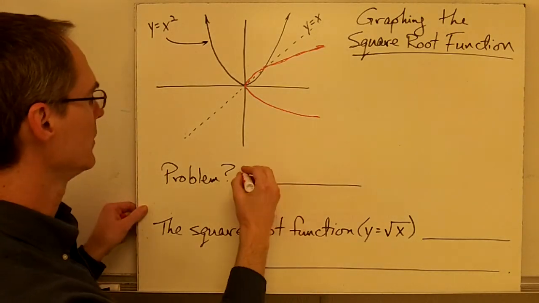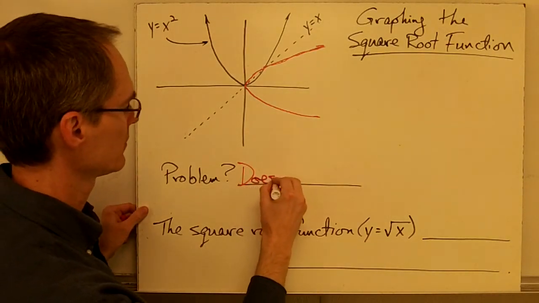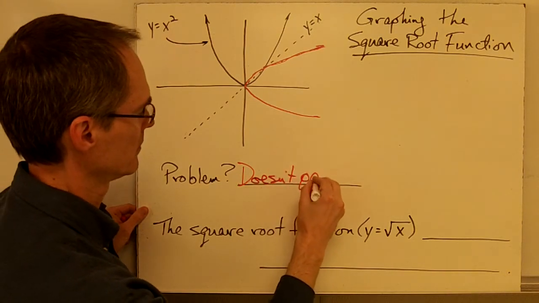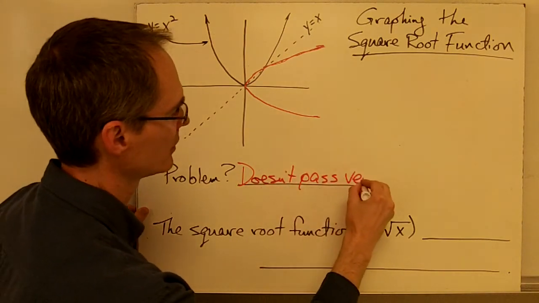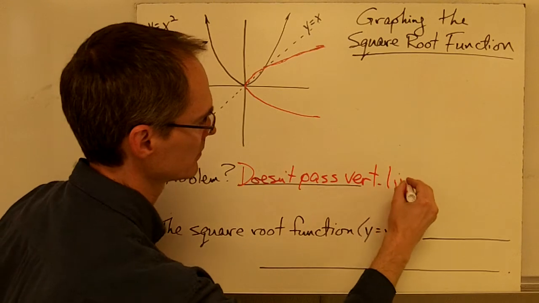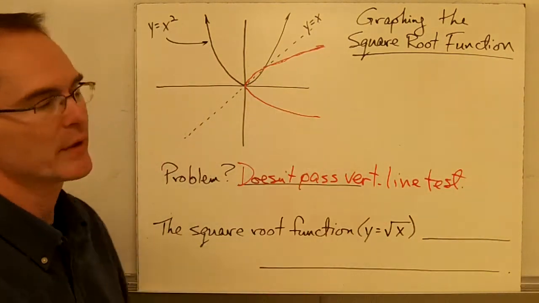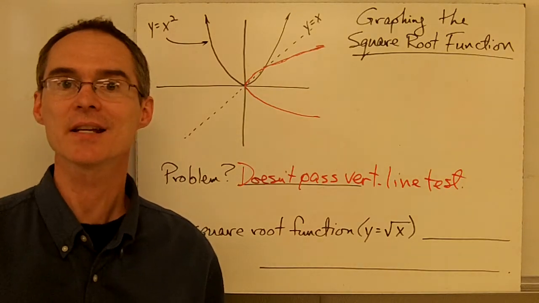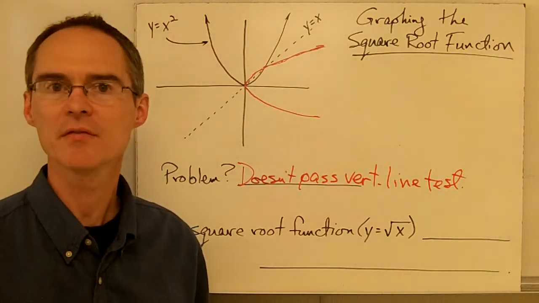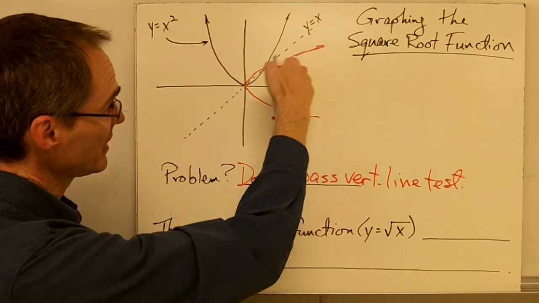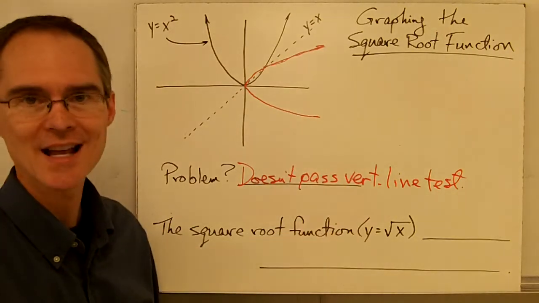And as we know, if a graph doesn't pass the vertical line test, then it's not the graph of a function. So technically, this sideways U is not a function.